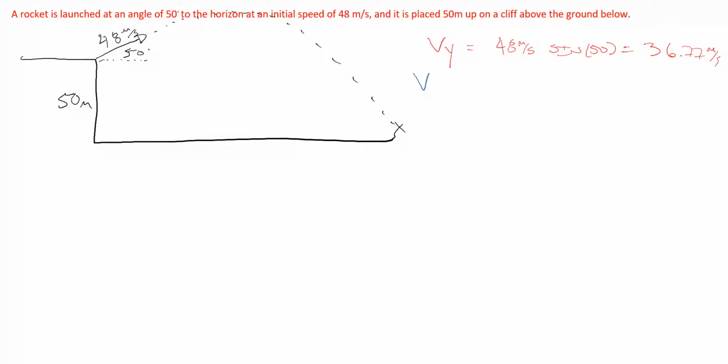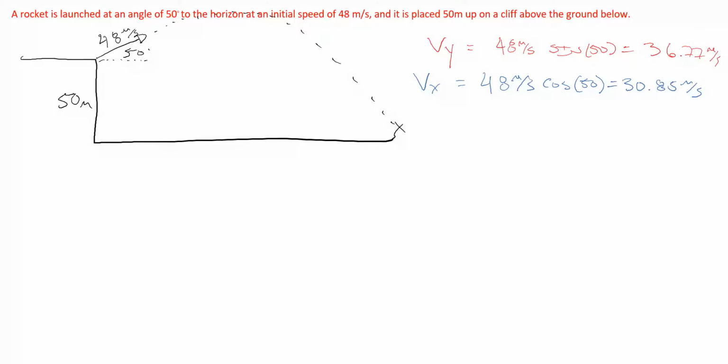And v sub x is also equal to our initial velocity, but in the x-plane we use cosine 50 degrees, which is 30.85 meters per second. So that part stays the same.